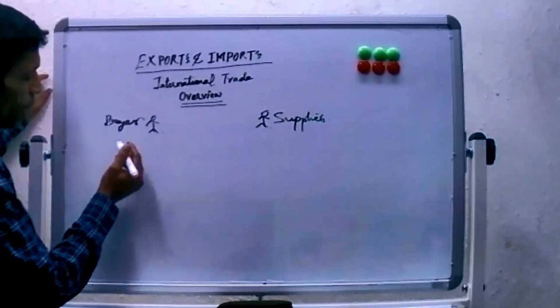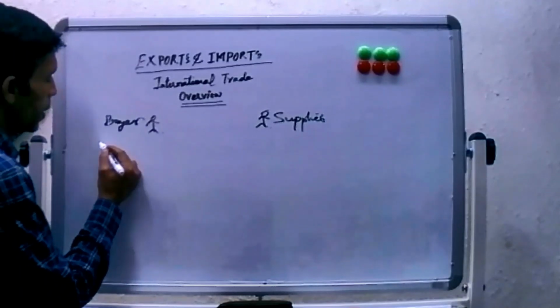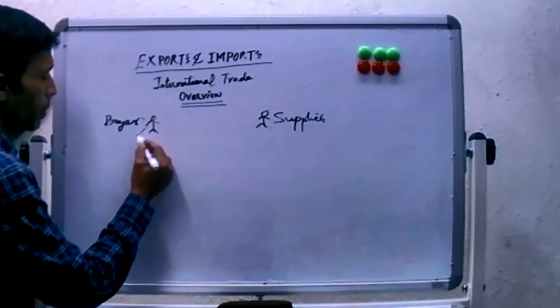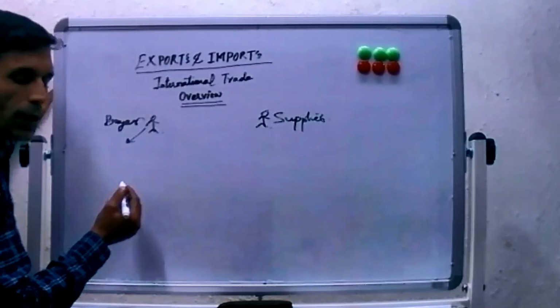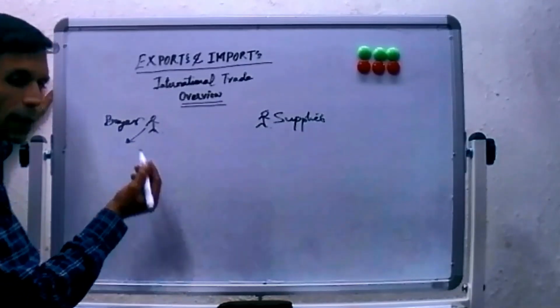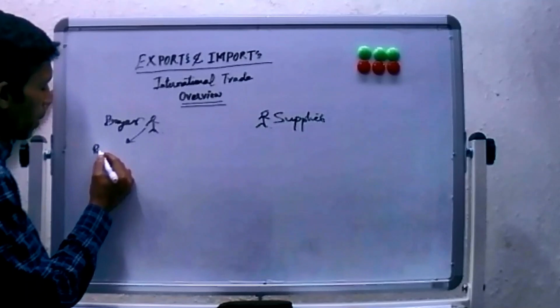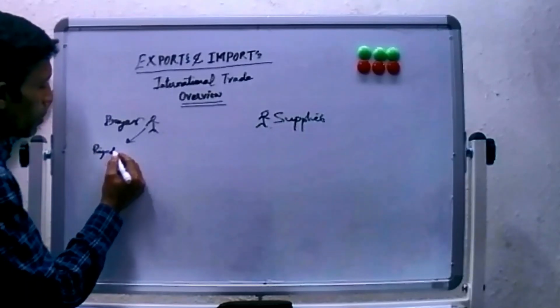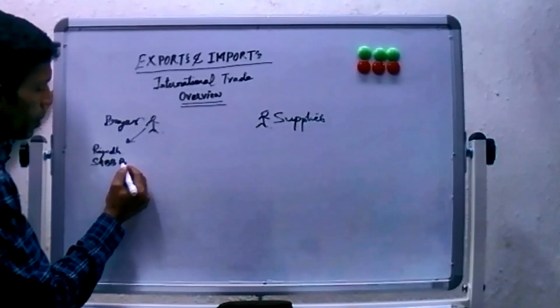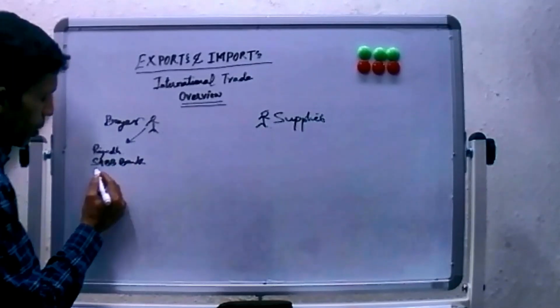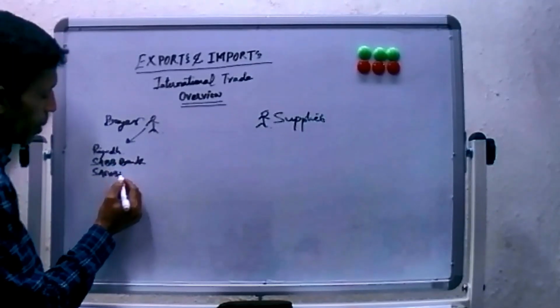So the buyer now makes the LC. The buyer goes to his bank. Let us say the buyer's bank can be Riyadh Bank, or South Bank, or Samba Bank. There are many banks.